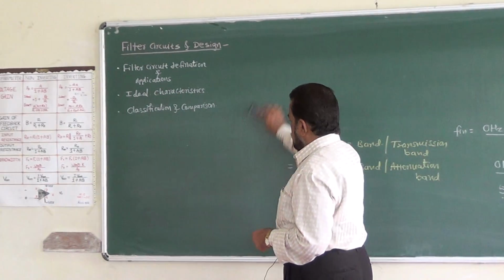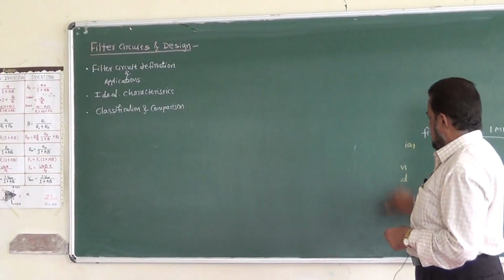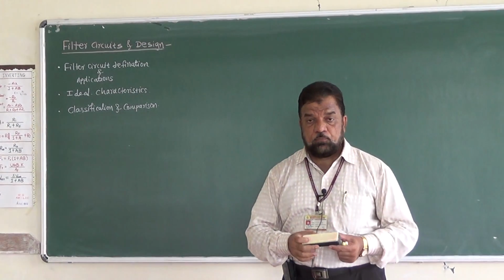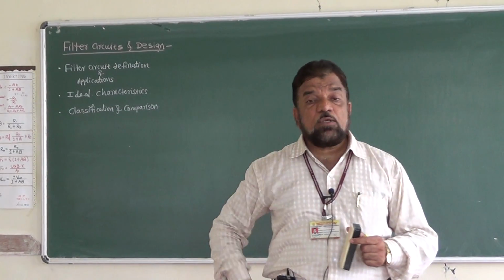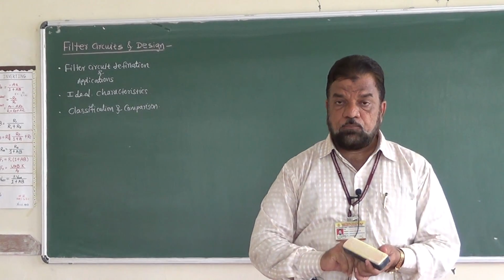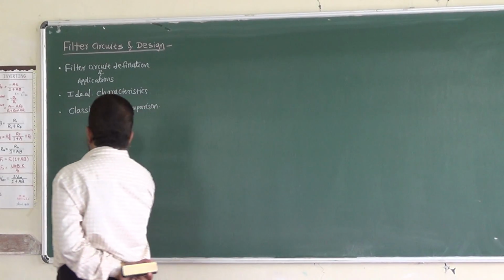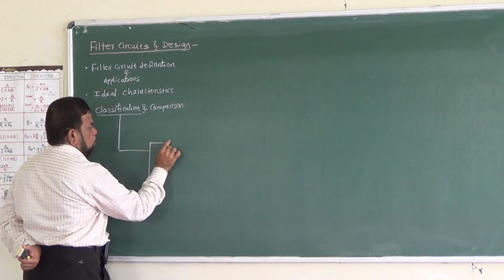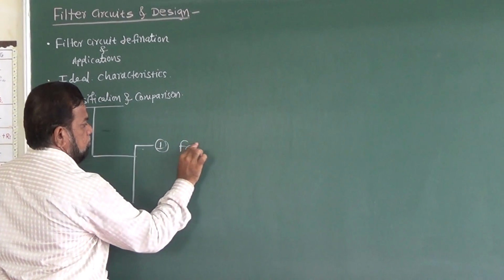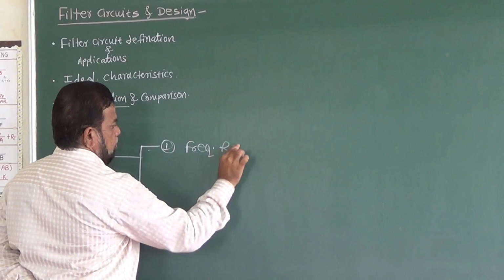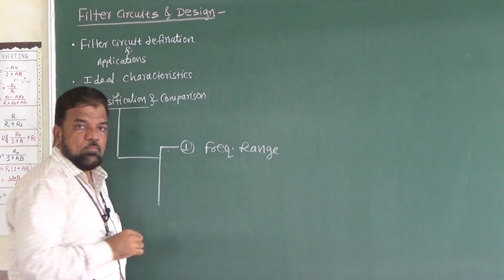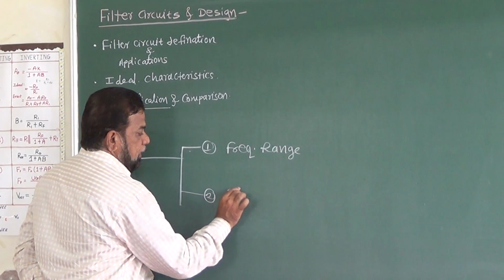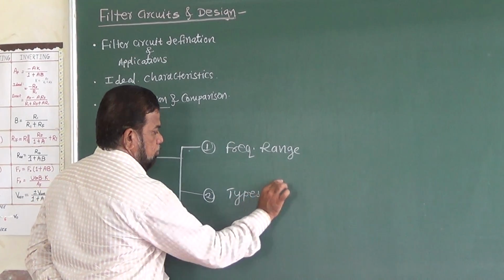Now, depending upon which frequency range is transmitted and which frequency range is stopped, these filter circuits are classified into different categories. So as far as this classification is concerned, we will classify the filters based on the frequency range. The filter circuits are classified based on the types of components used.